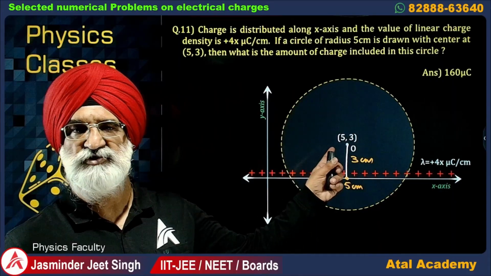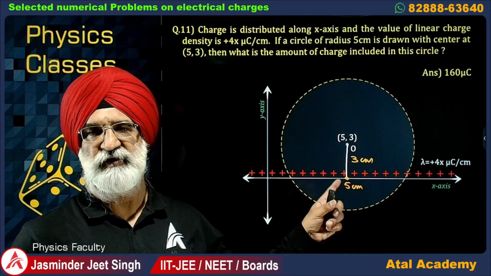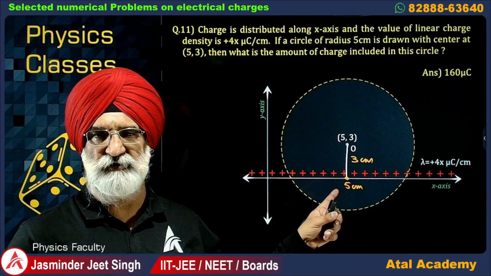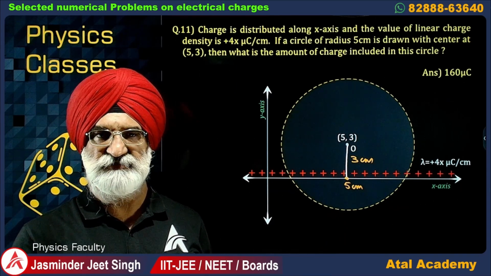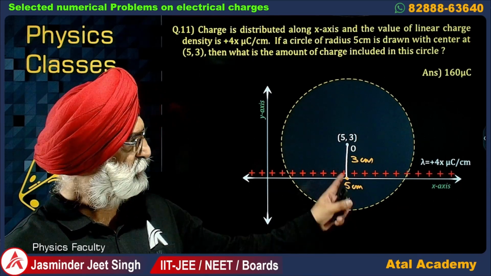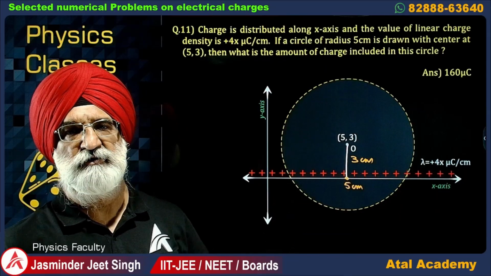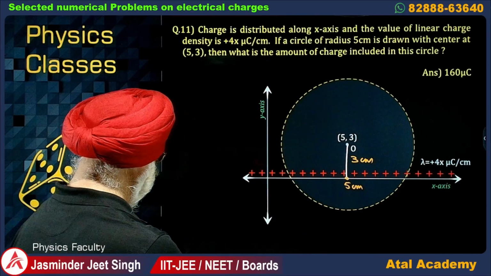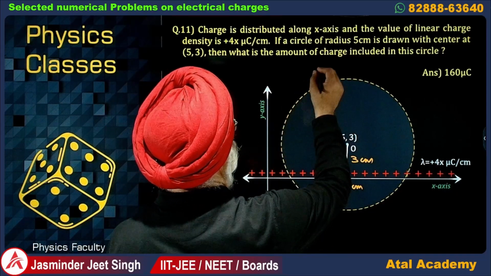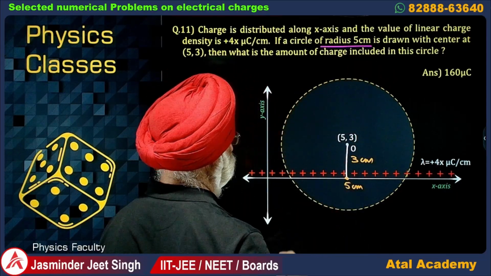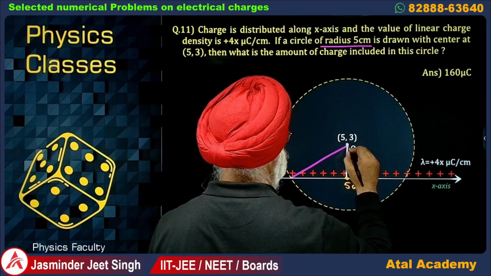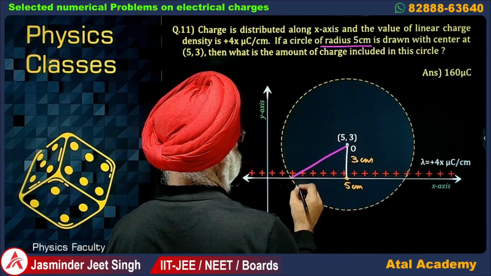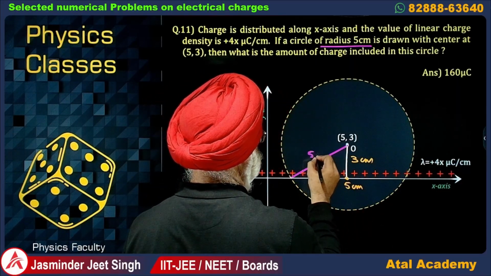Because the coordinates of the point O are (5,3), the perpendicular will meet x-axis at the point 5 centimeters and its length will be 3 centimeters. We are also given that the radius of the circle is 5 centimeters. It means that if you join the point O to the circumference, it will be 5 centimeters.